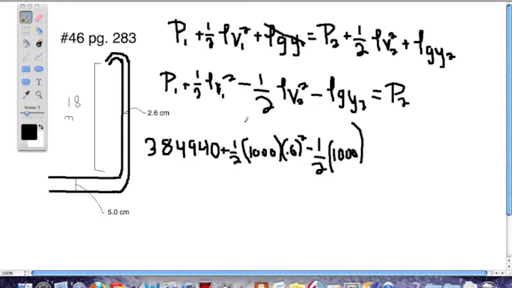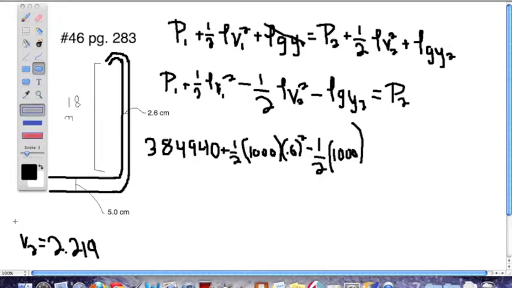And we figured out in the last problem that v2 was equal to 2.219.